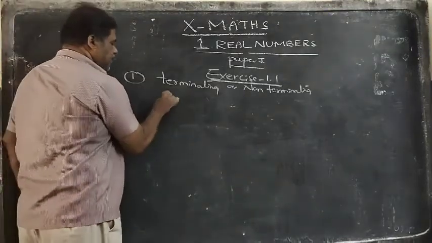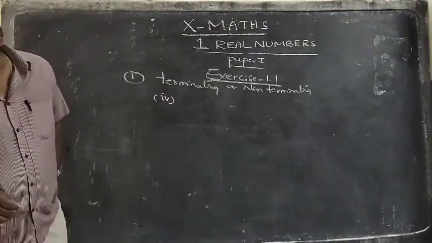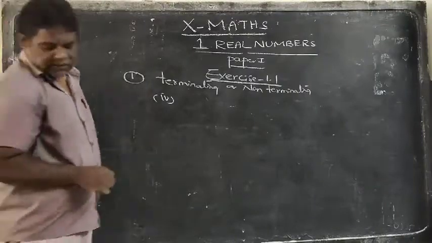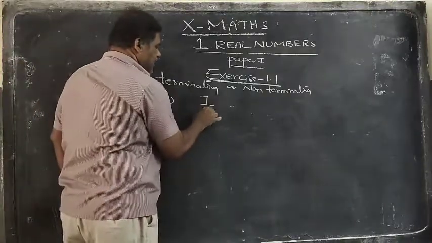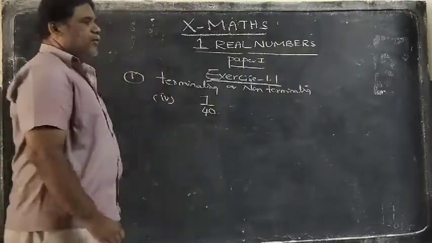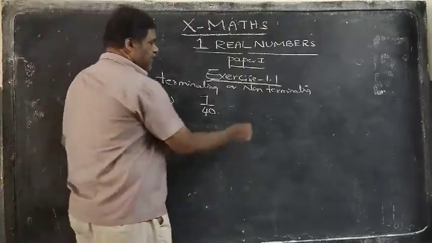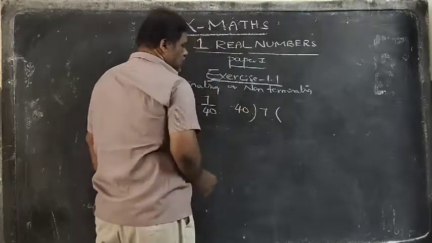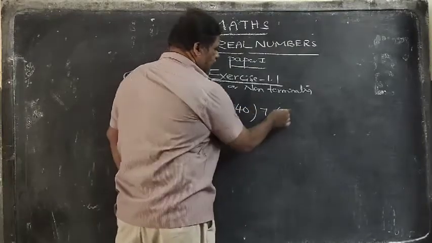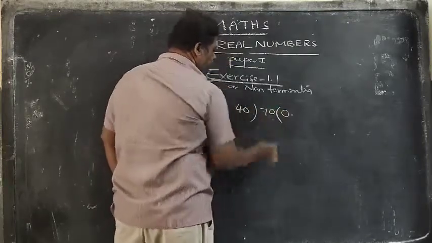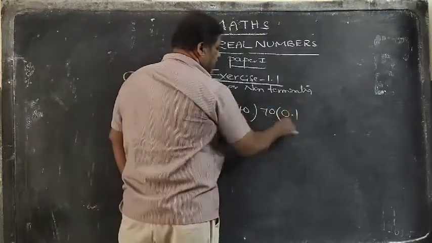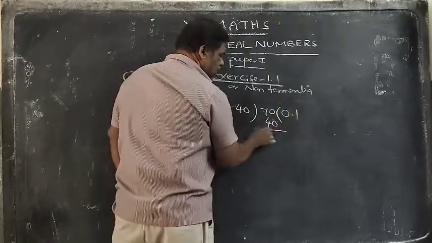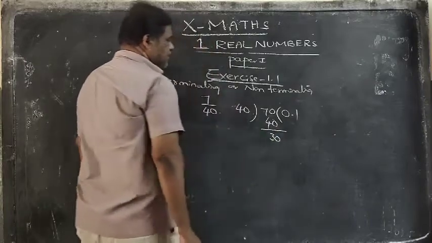Write the fourth one, 7 by 40. We have to divide 7 by 40. So 40 is more than 7. Keep 0 point and here keep 0. 4 ones are 40, so remainder is 30.